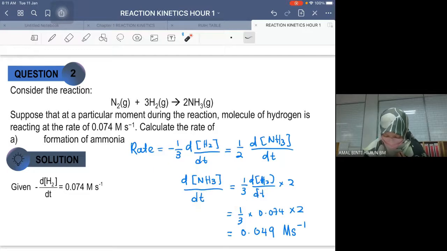Sebab apa tau? Ini hanyalah nak tunjukkan amount concentration tu yang semakin berkurang. Okay. Tapi dia tak memberi efek pun pada calculation kita lah. Let's say dia nak buat negative sign pun masih okay.